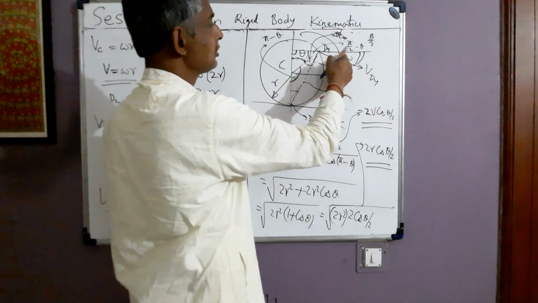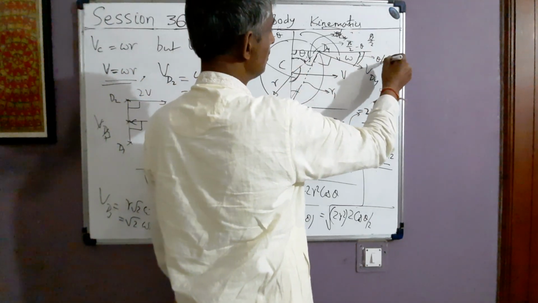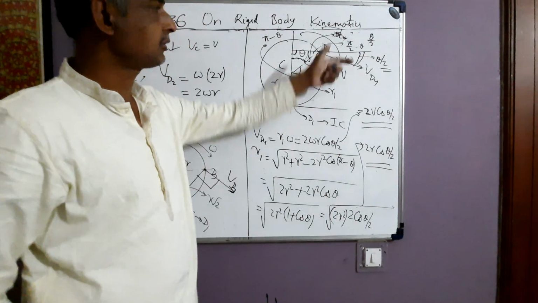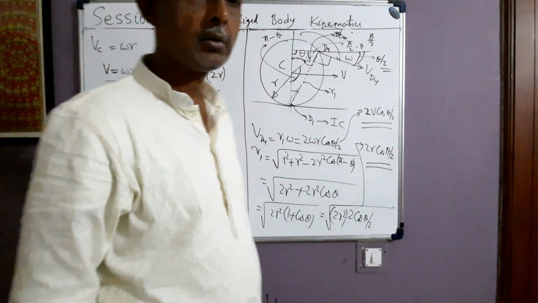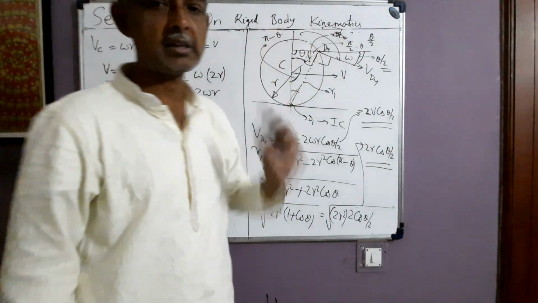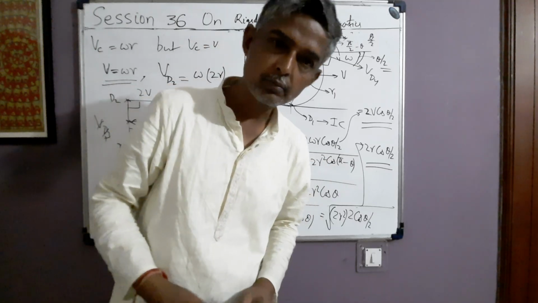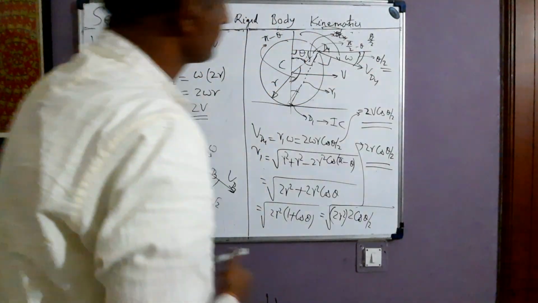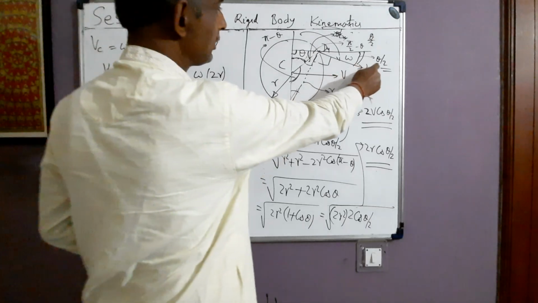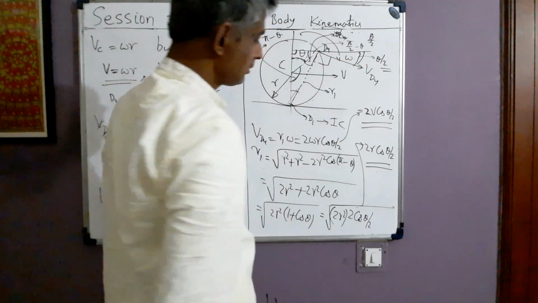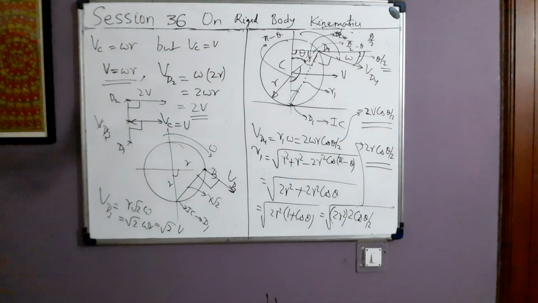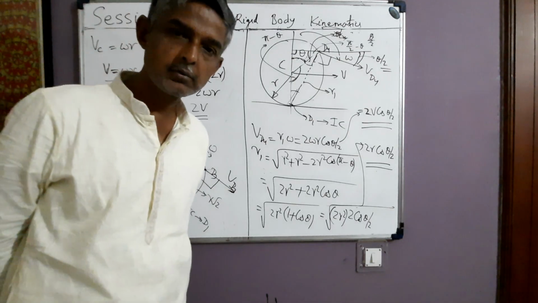This is pi by 2, so this angle becomes theta by 2. So VD4 makes an angle of theta by 2 with the rightward horizontal. Again, you see the same result which we obtained by the SRC procedure for velocity.